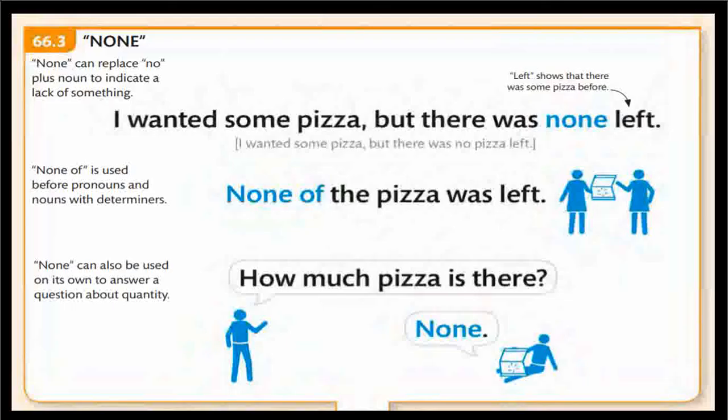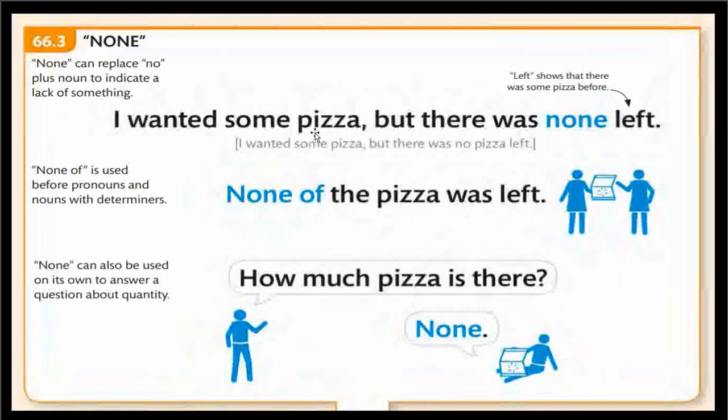The next pointer that we have is the use of the word none. None, as mentioned earlier, is a substitute for the noun, again with the connotation of no or negation. None can replace no plus noun to indicate a lack of something. That means the word none will replace the word no and the noun also. Let us see the example.